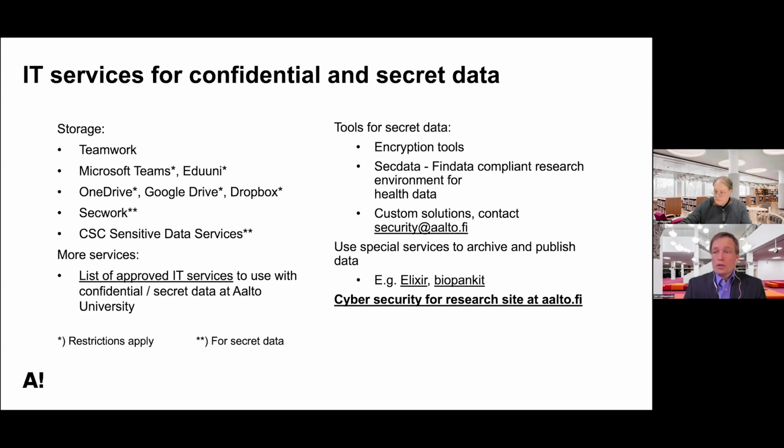For storage, for example, we have Teamwork Network Drive and cloud services such as Microsoft Teams, OneDrive, Google, and Dropbox. For secret data, there are also options such as a network type called Secwork, specially designed for secret data, CSC sensitive data services, or the FinData compliant research environment that we have at Aalto University, Secdata.